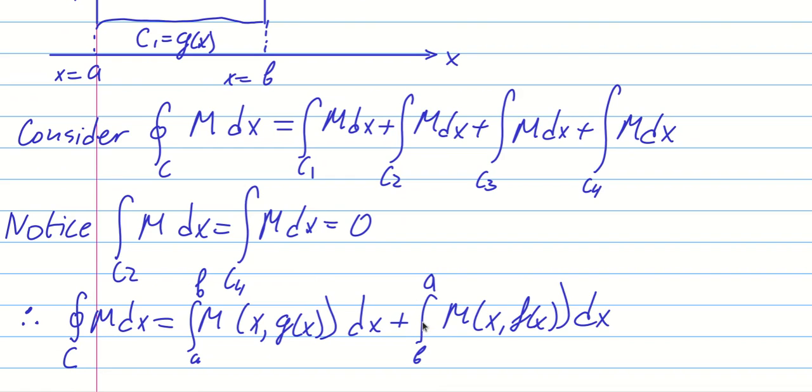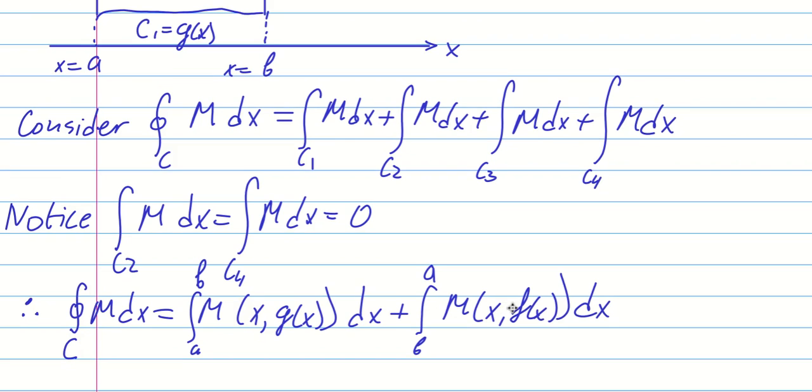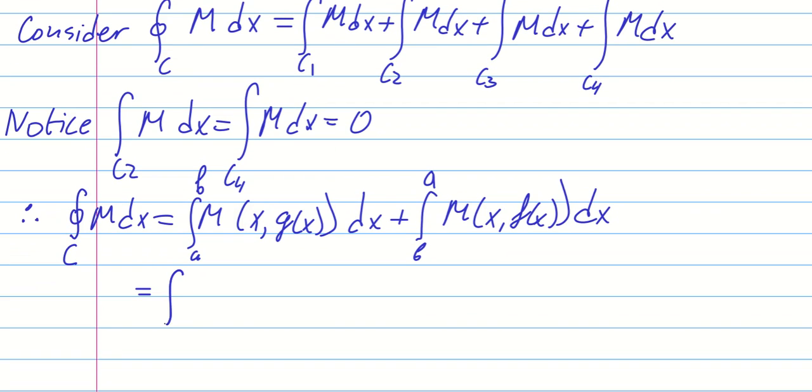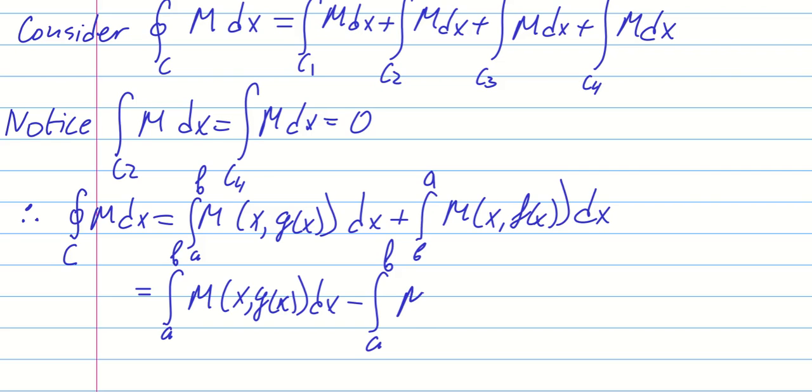And what we can do over here, if we want to switch the limits of integration, as in a regular integral, we have to switch the plus into a minus. So we're going to get the integral from a to b of m of x, g of x, dx, minus the integral from a to b of m x, f of x, dx.